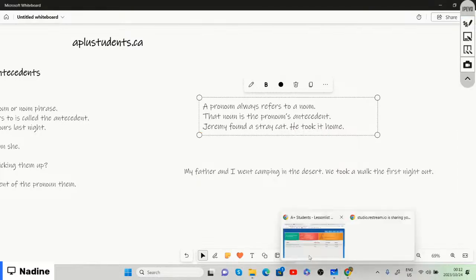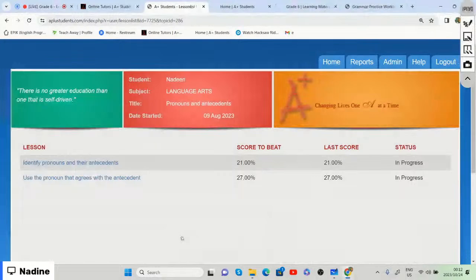We said we are doing the chapter of pronouns and antecedents, so we're going to the lesson. Remember, even though there are two lessons under pronouns and antecedents, we're only focusing on the one lesson, which is to identify pronouns and their antecedents.